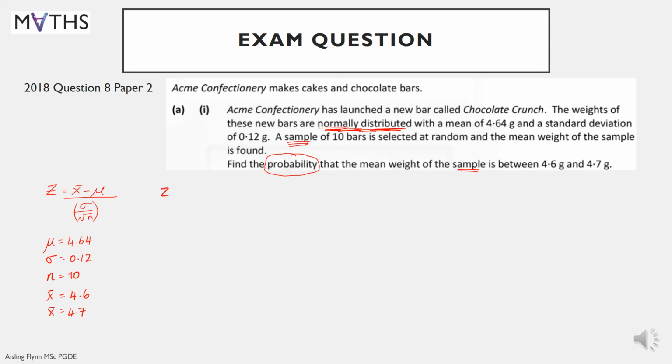So we'll call it Z1. For the first one it will be 4.6 minus 4.64 divided by 0.12 over the square root of 10. Let your calculator do that work and you get minus 1.05. Then for the second z-score we'll use 4.7 and everything else will remain the same.